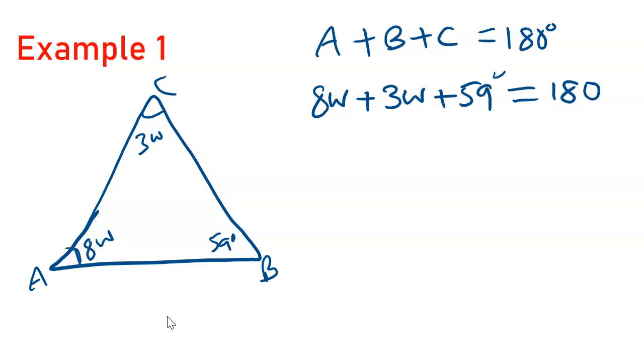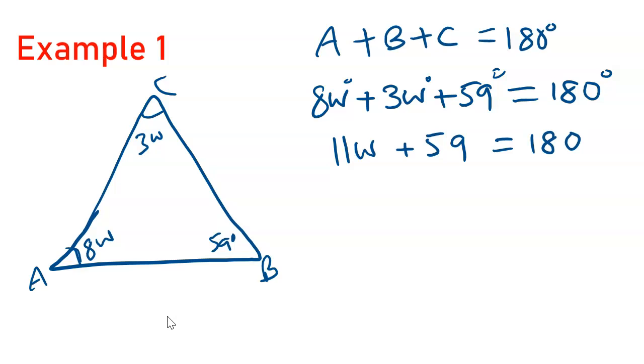When you add 8 and 3, that is 11W plus 59 is equal to 180.